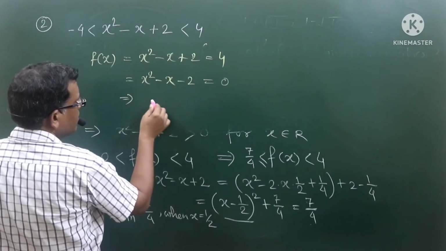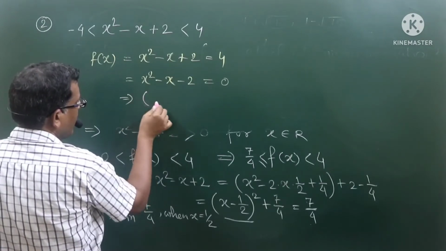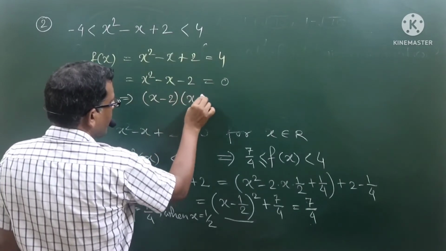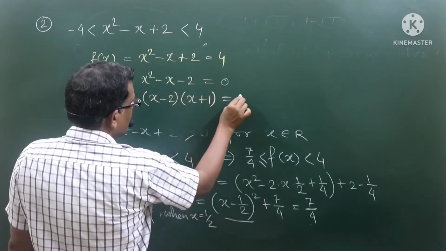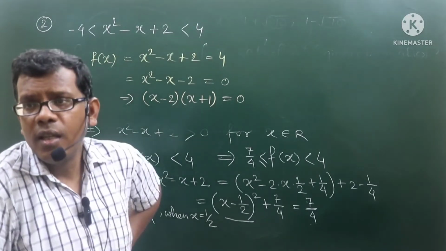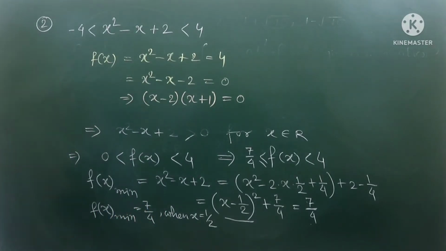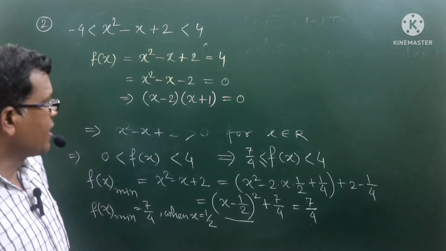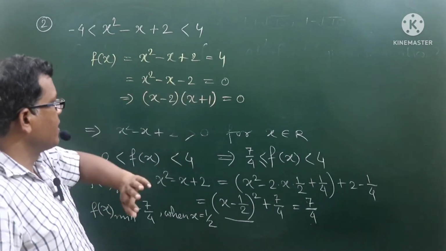So that means I can factorize it like x minus 2 into x plus 1, satisfying it. Am I correct? X minus 2 into x plus 1 can be the two linear factors satisfying this simplification.